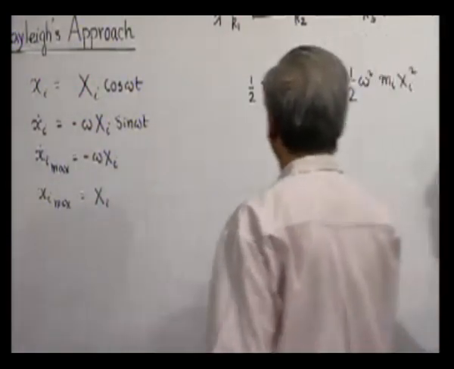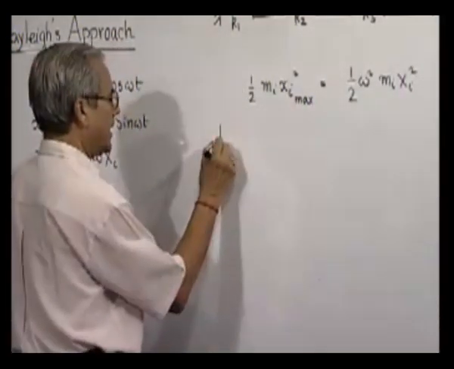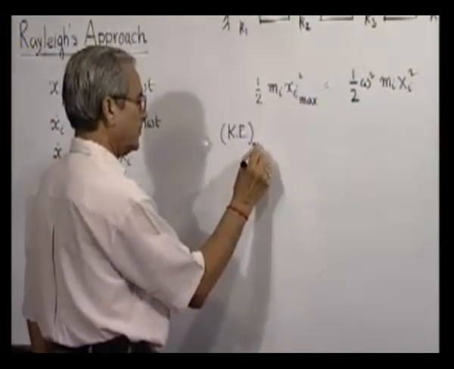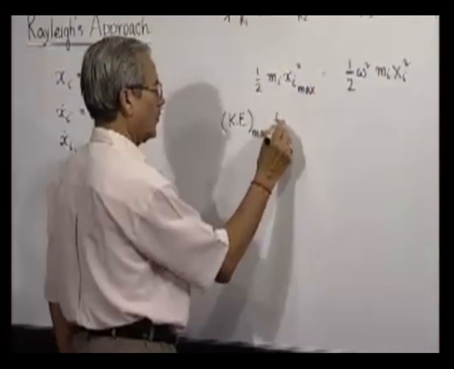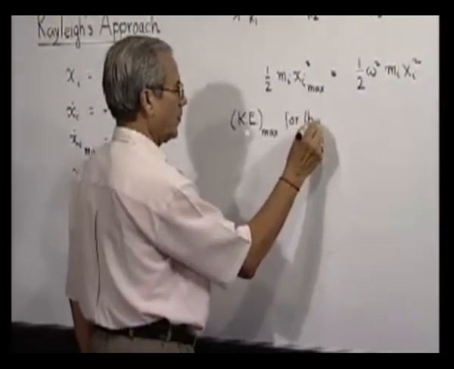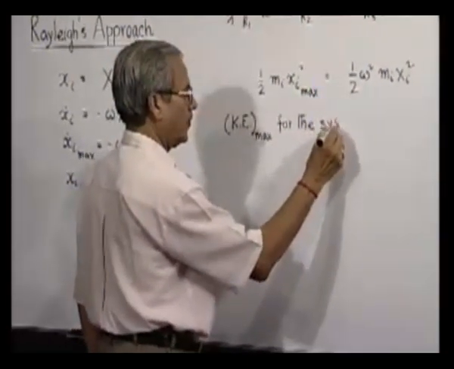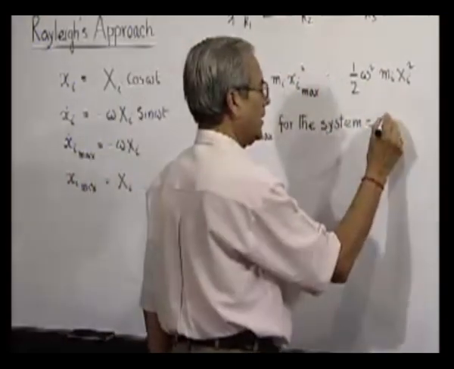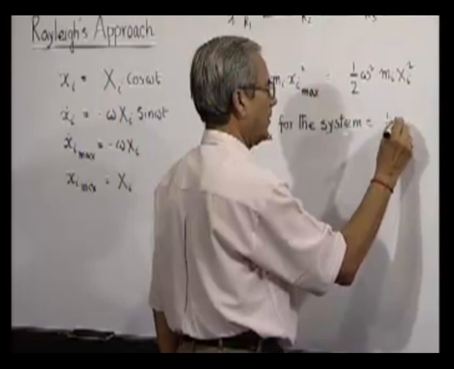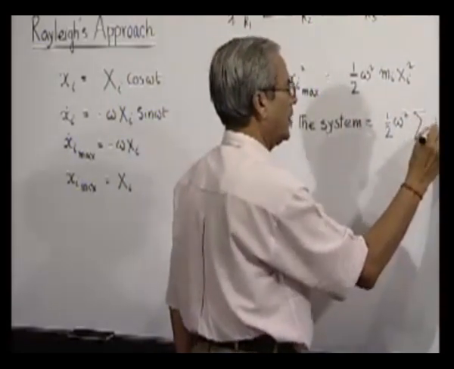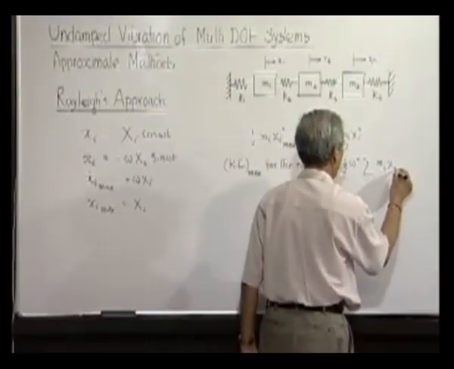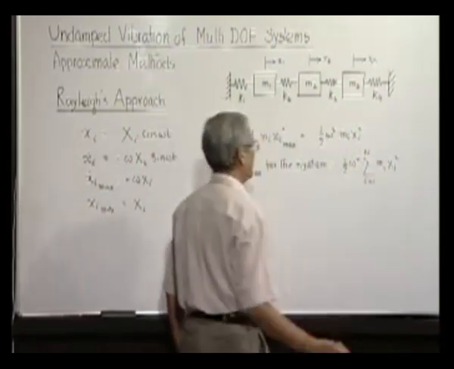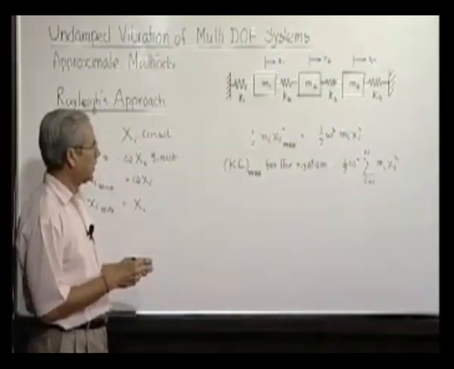So, the total kinetic energy of the system will be just the sum of all these, if there are n degrees of freedom or n masses.